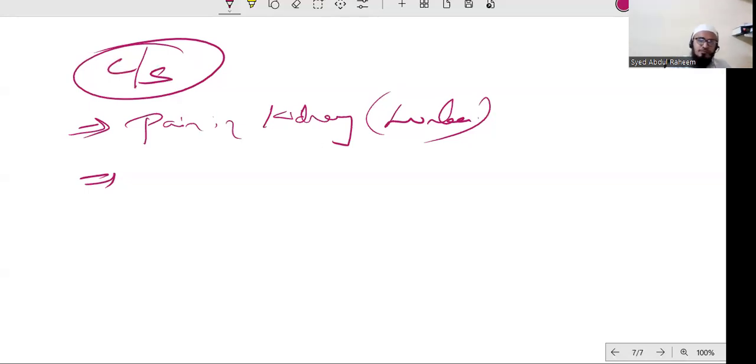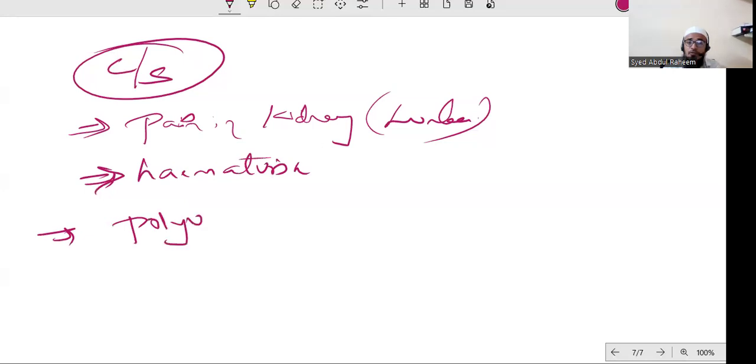If it is large, the pain will be high. Second, there is a chance of hematuria due to rupture of capillaries, arterioles, venules. And another one is that the patient has polyuria, frequent urination. These important things you have to remember.